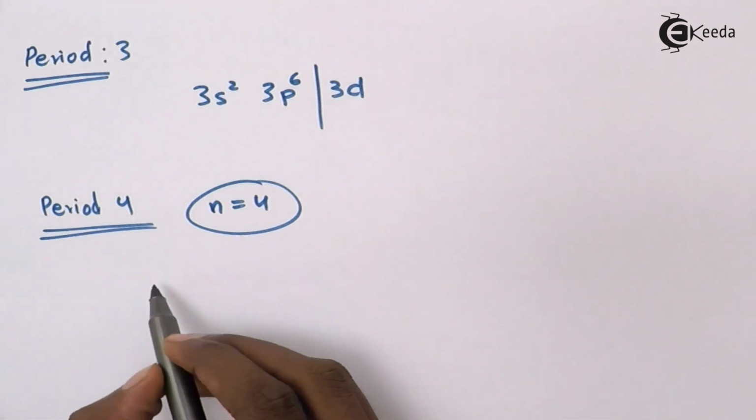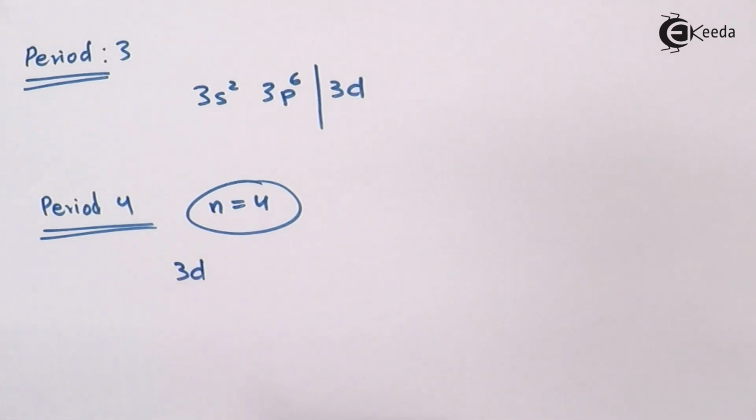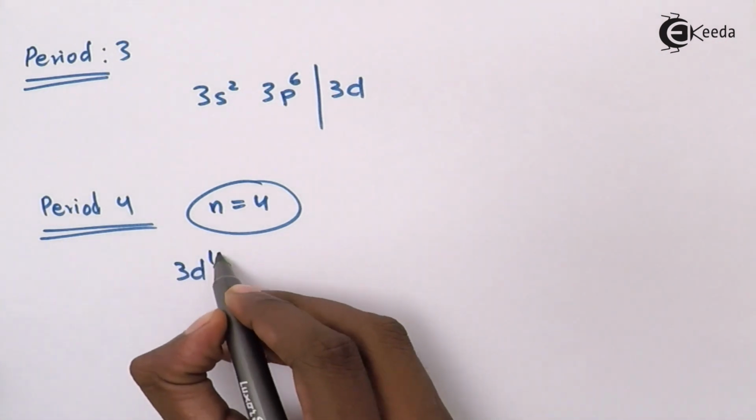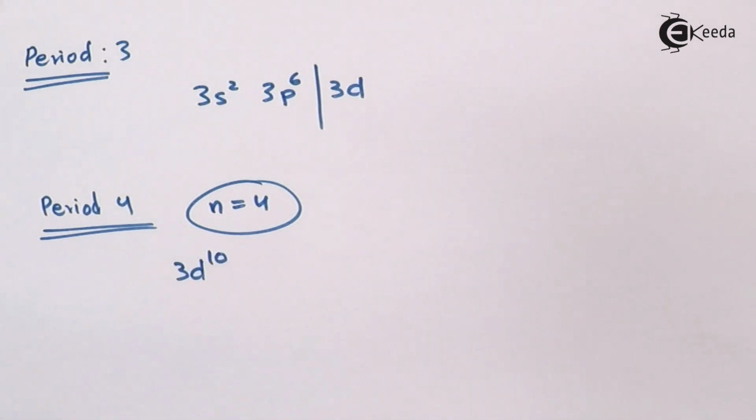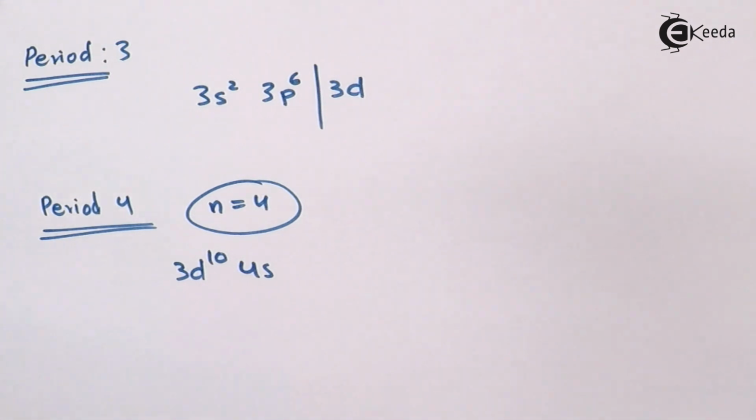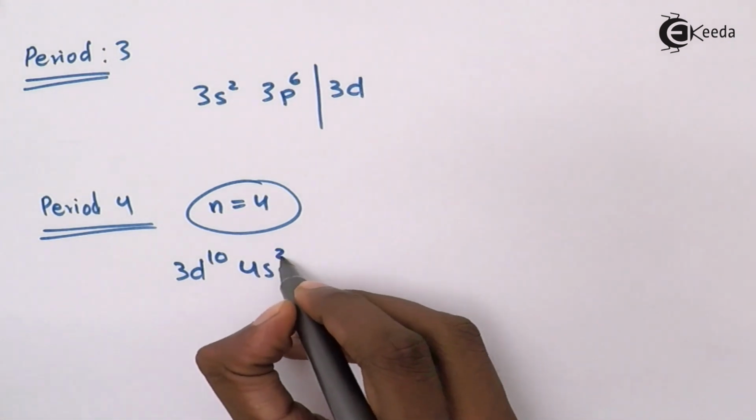In this case, 3d has 5 orbitals, and in each orbital there can be 2 electrons. So it can acquire a maximum of 10 electrons. After the 3d orbitals are filled, it comes to the 4s, which can occupy 2 electrons.